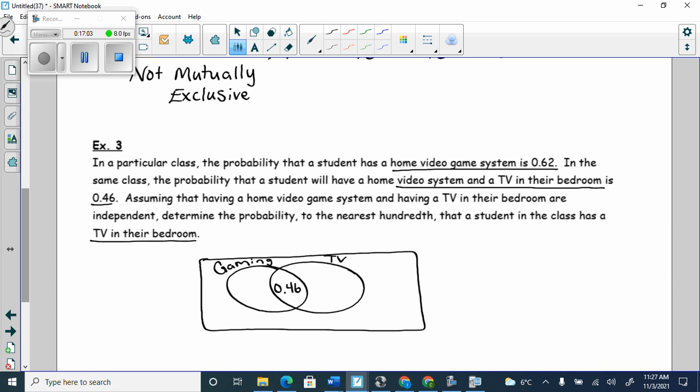So how many are just in gaming? The part that's missing is they have to say, technically, that each student has either a gaming system or a TV. So how could I figure out the rest? Yeah, 1 minus 0.16 minus 0.46, and what do we get?